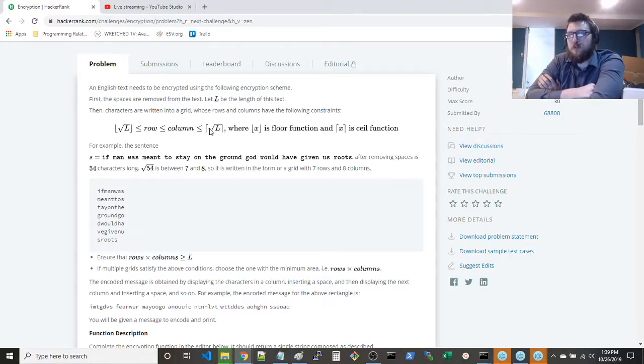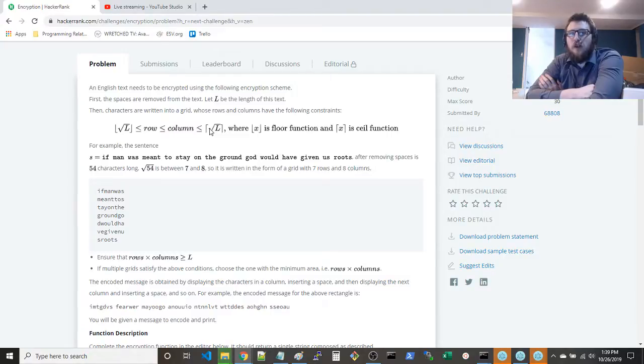If L is a perfect square, then row is going to be equal to column, which is going to be equal to the square root of L. But if L is not a perfect square, it could be that the row and the column are both equal to the ceiling of the square root of L, or both equal to the floor of the square root of L. See, it's not clear.